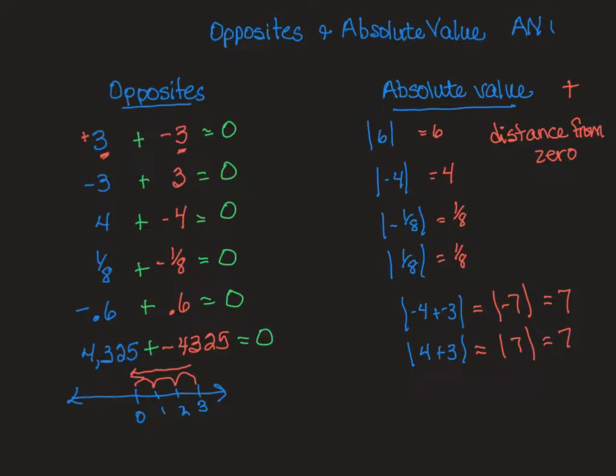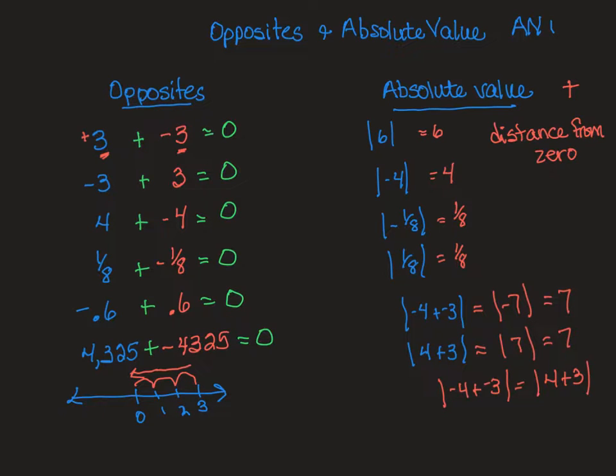That means that the absolute value of -4 plus -3 is equal to the absolute value of 4 plus 3. Okay, so the absolute value is always positive. It's absolutely how far I'm walking from 0. It's absolute and always positive.